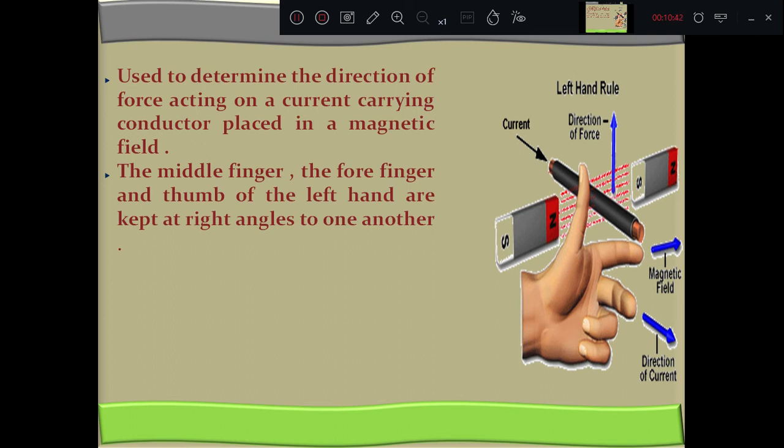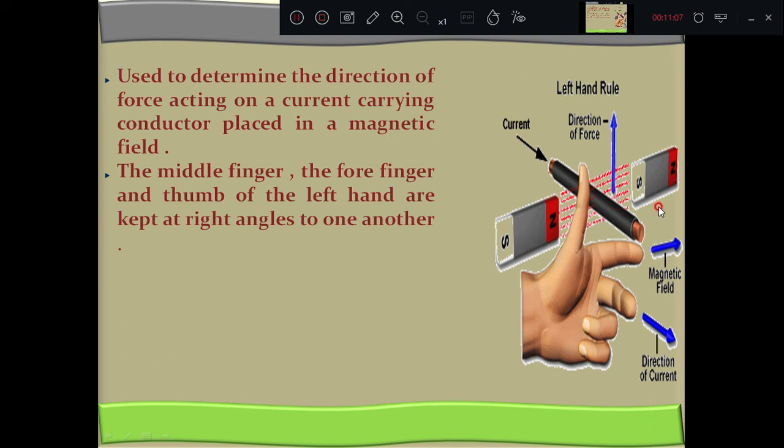Just think in the reverse way in the case of the motor. There is a magnetic field, there is a conductor, and then what we need is a current. In the case of the generator, we need mechanical energy. In this case, we need electrical energy, in the form of a current passing in the conductor.